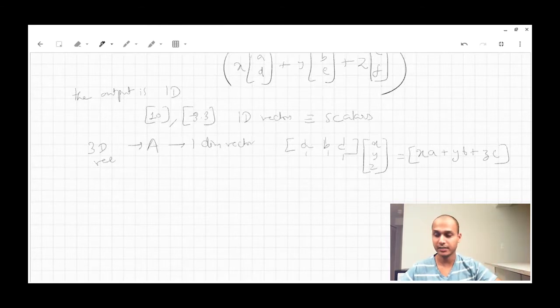So this is the dot product. There's a lot more interpretation in terms of projections and duality and so on, but that geometric viewpoint you can certainly look at after this video.